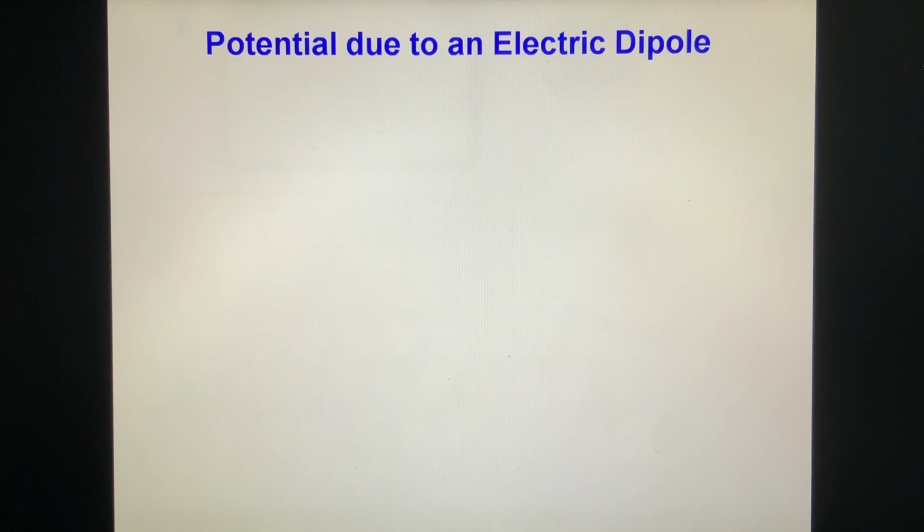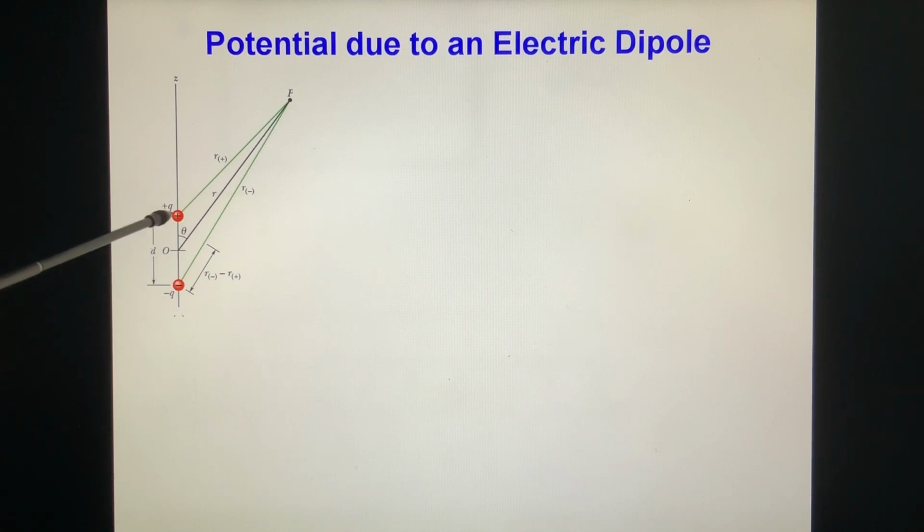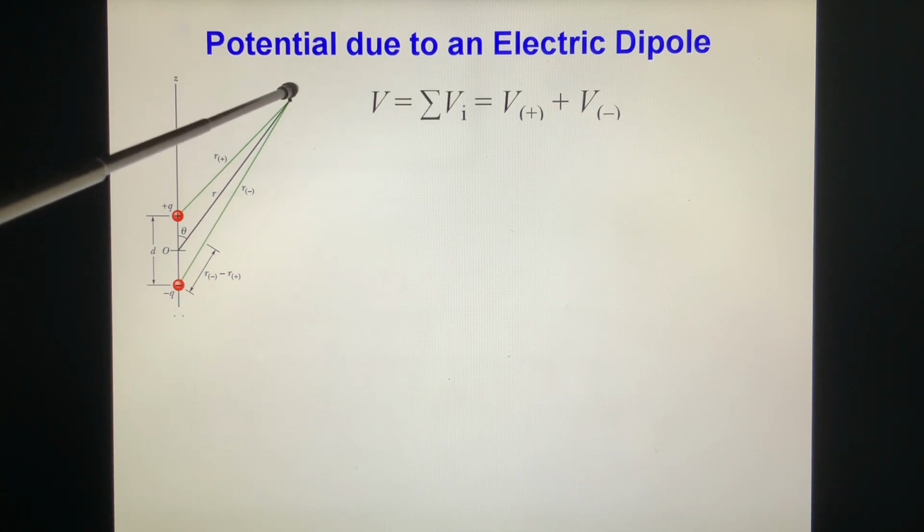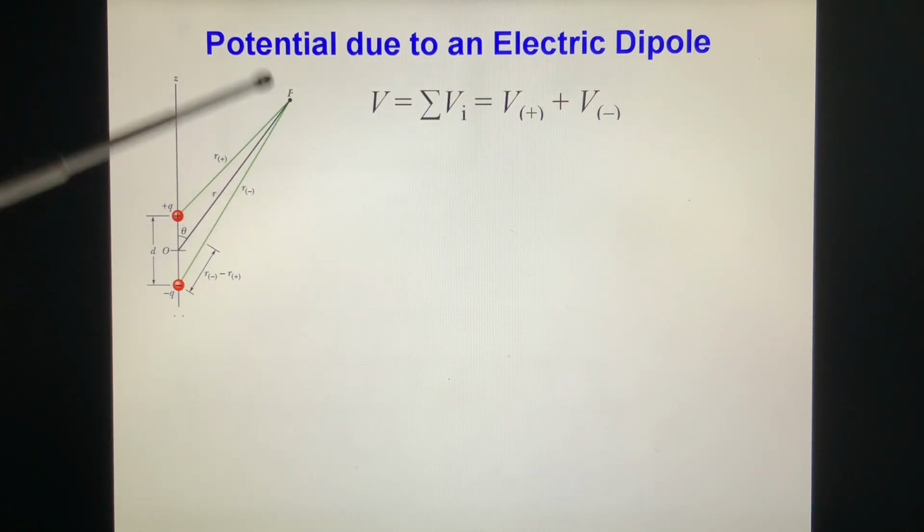Potential due to an electric dipole. This is the electric dipole, we know that. It has the same magnitude, different sign, positive Q, negative Q. The potential should be a sum, and they have different distances to this point.